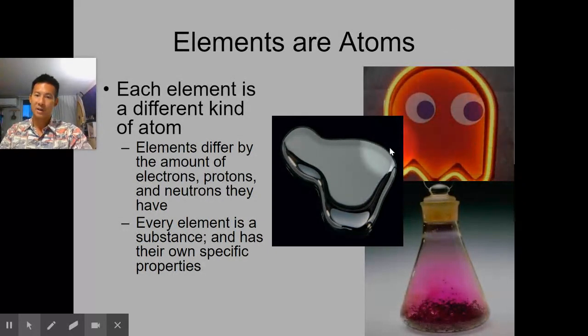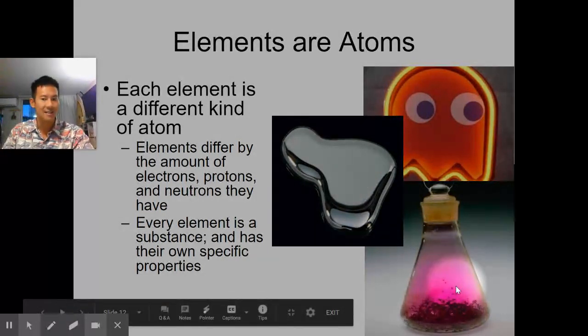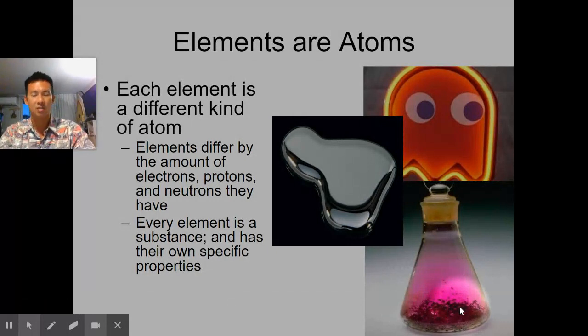Okay, mercury, right? It's a weird metal that used to be common in thermometers, not anymore, but it's a heavy metal that actually exists as a liquid at room temperature. Over here, there's a picture of boron, in which it can actually exist as a gas and a solid at the same time right next to each other.